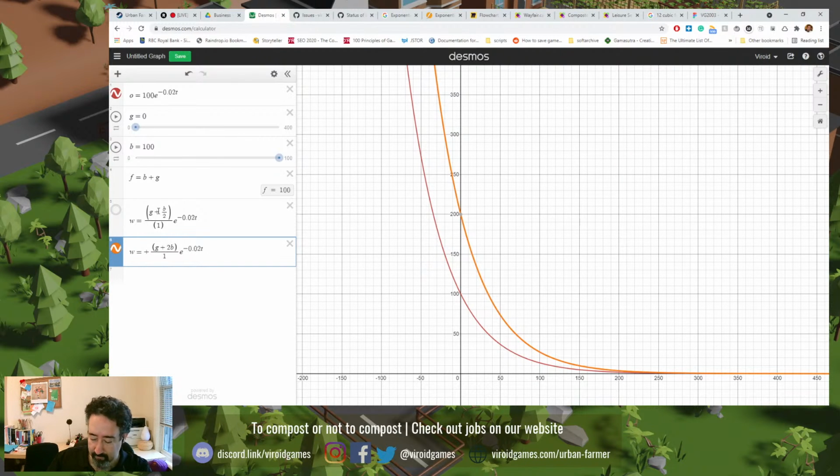Okay, writing it down. When we have G plus B, we need at least that much water as a beginning, sort of the low threshold value.